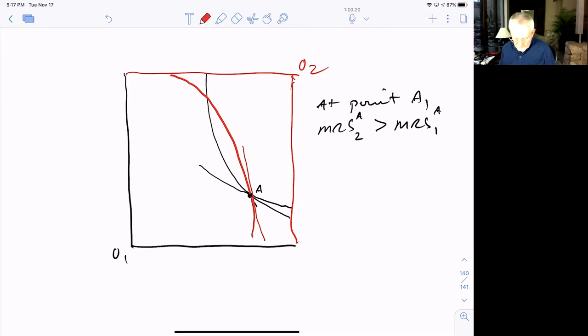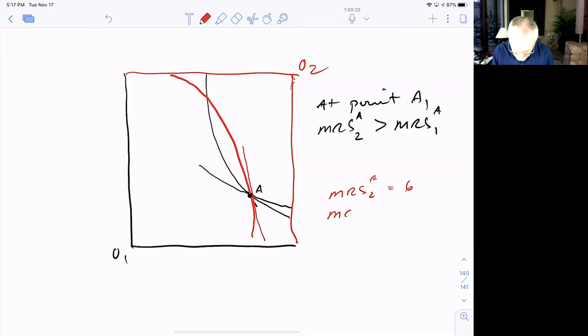Now, you can see right here that individual 2's willingness to give up Y for X is greater than person 1's minimum willingness to accept Y for X. So there's room for trade here. Suppose that the MRS for person 2 is equal to 6.